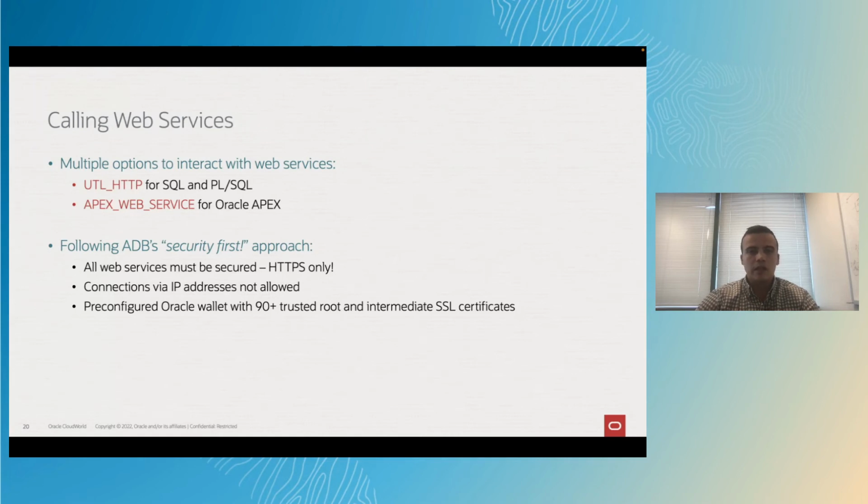We provide a pre-configured Oracle wallet, which includes over 90 most commonly used trusted root and intermediate SSL certificates. So as long as the target host, the web service that you're making a call to, uses a trusted root and intermediate SSL certificate, then you're good to go.